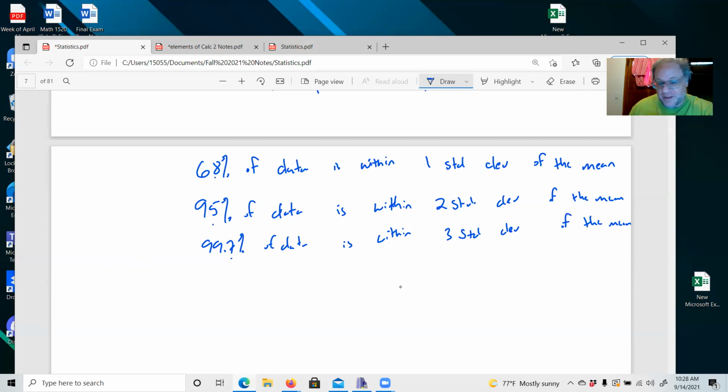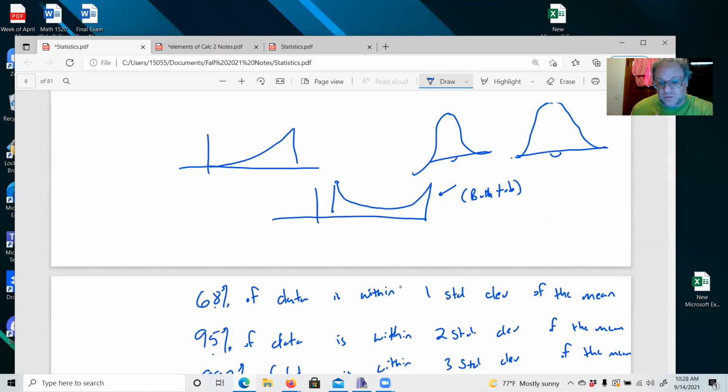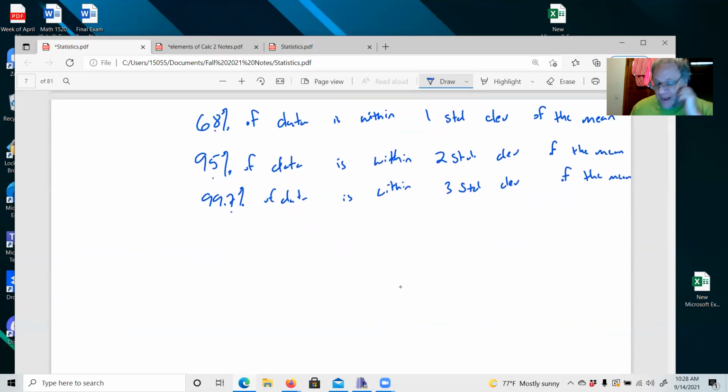So when people tell me stuff with numbers in it, I'm kind of applying this rule. It's possible that this could happen, but the more outlandish the story, the less likely I am to believe it, because I know most of the things are going to happen within here.